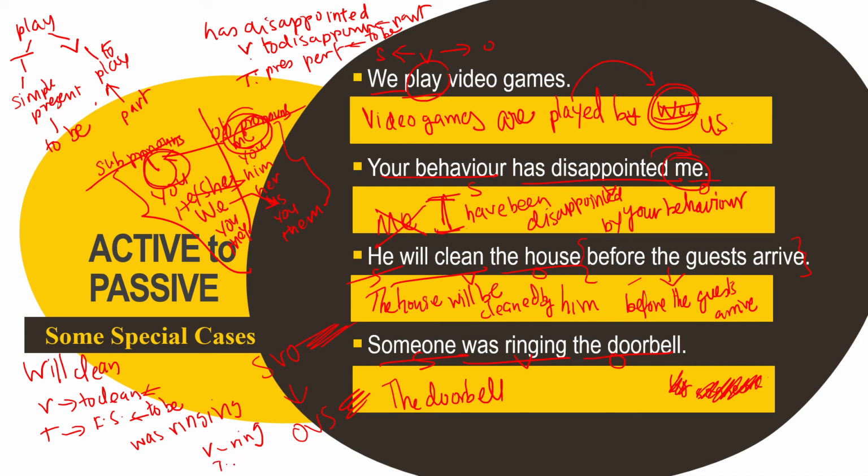The tense is: was tells you past, ing tells you continuous. So you put to be in the past continuous, was being, and you put the participle of the verb. The participle of the verb to ring is rung, and that's it.